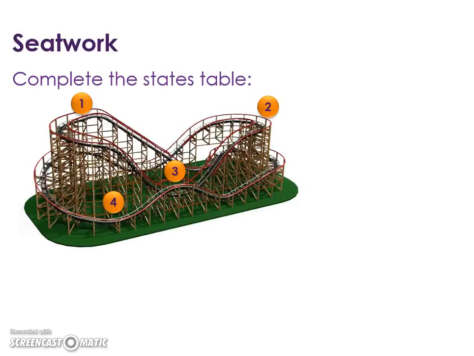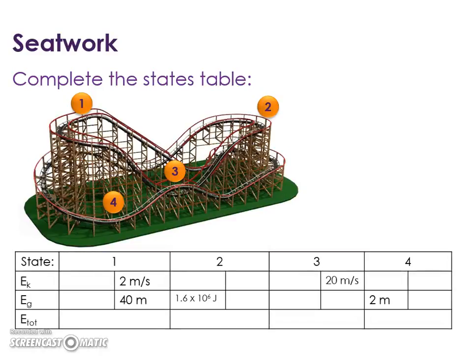Okay, so now the exercise for us to perform. This should be very straightforward to you based on what we've done so far. What we want to do is fill in this table, filling out the kinetic energy for our roller coaster and the speeds and heights for the given positions. So you should be able to figure out which we're asking for here. We're looking for kinetic energy and gravitational potential energy in the left-hand side of the table, and speed and height in the right-hand side of each one of the columns.